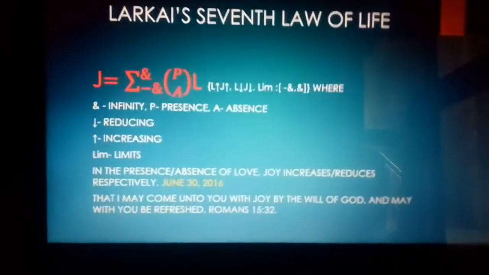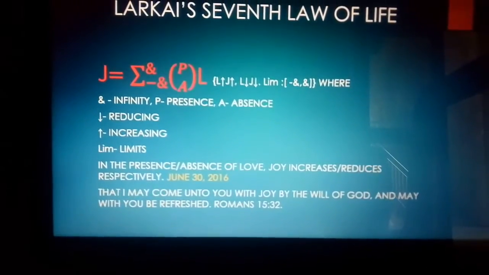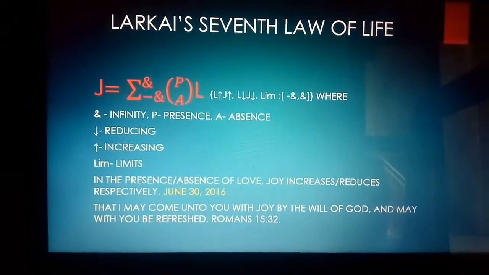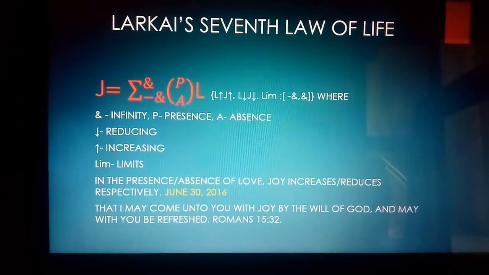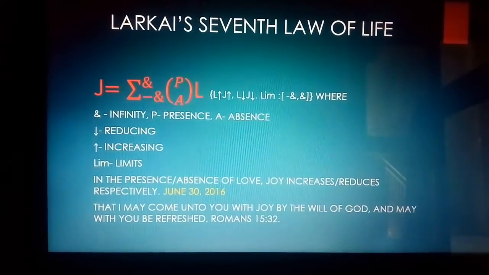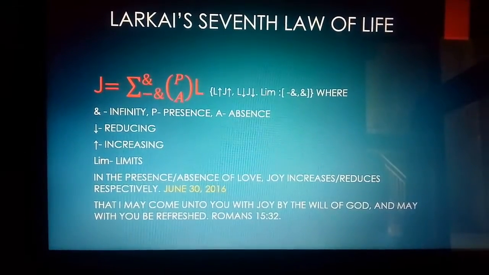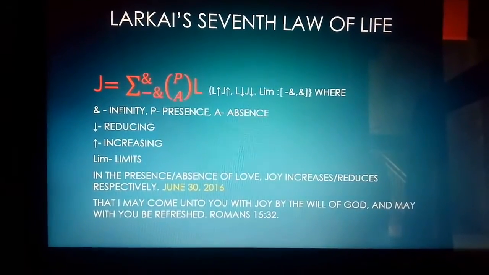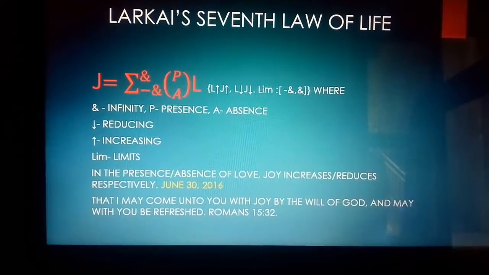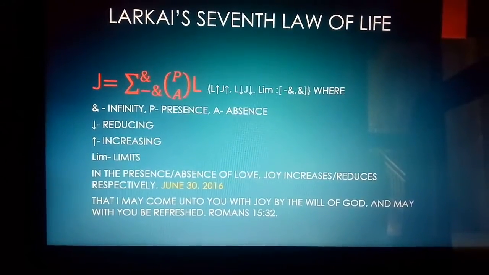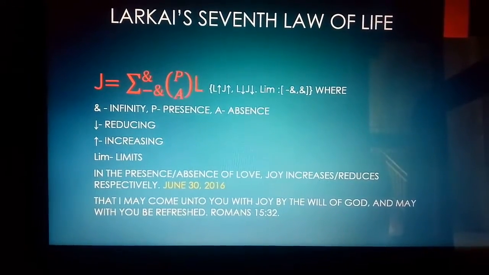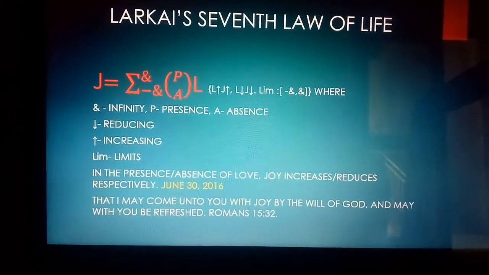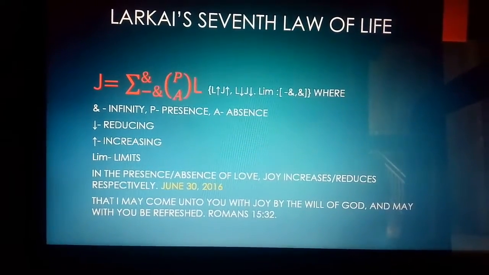Let's move on quickly. Alright, so we dive into the seventh law, J equals, and let me say that the sigma there is just expressing the range or the limits from negative infinity to positive infinity, and we are talking about presence and absence of love.